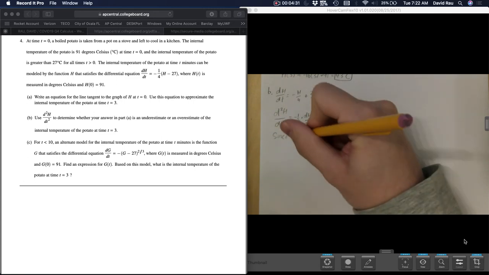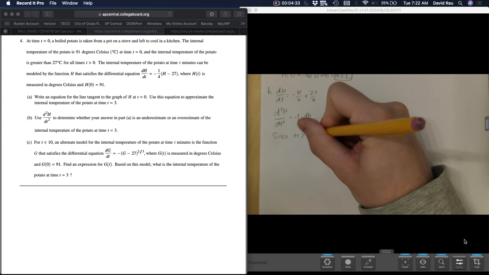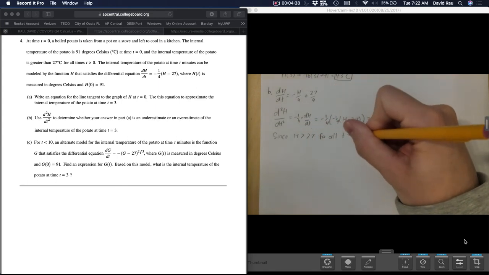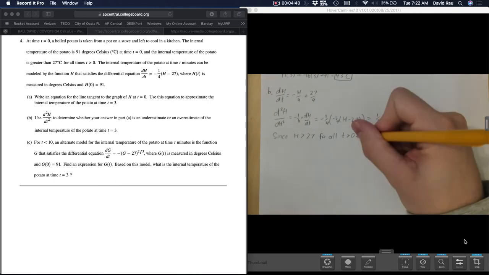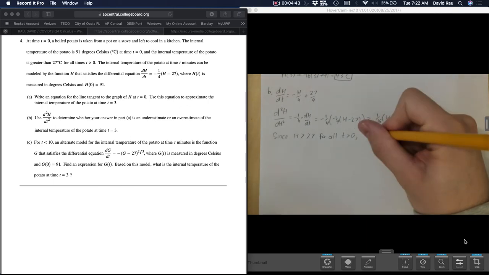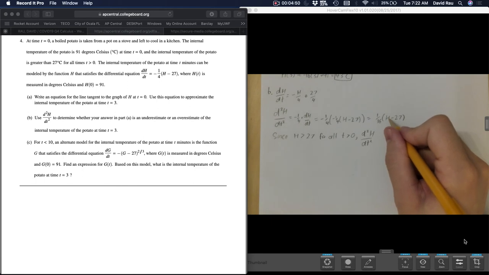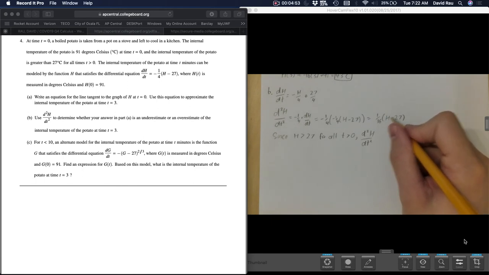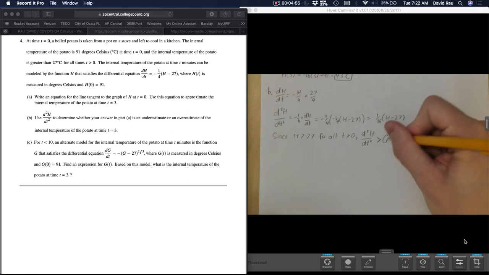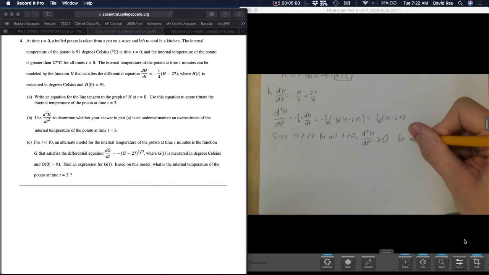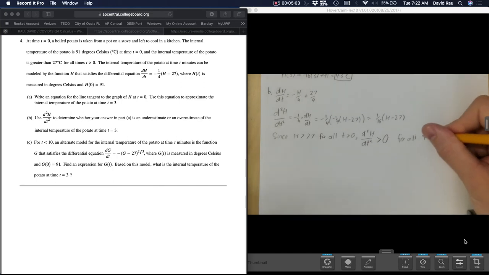Since h is greater than 27 for all t greater than 0, we can see that the second derivative, since this involves h minus 27, if h is always greater than 27, then this is always positive. So the second derivative is greater than 0 for all t greater than 0.